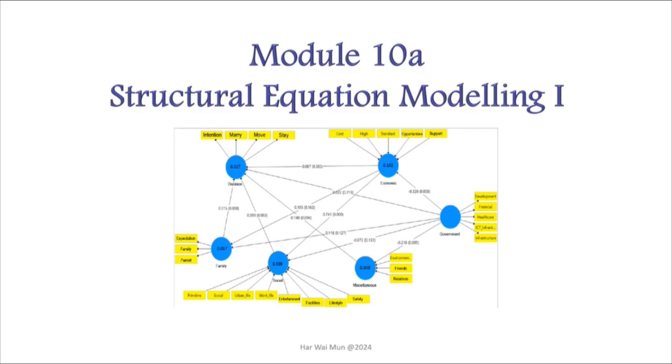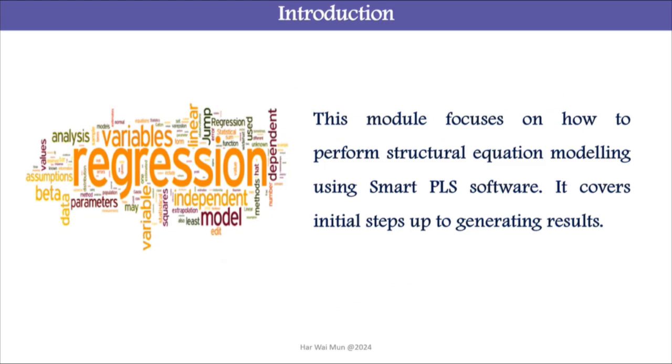Okay. Now, structural equation modeling one, this module will focus on how to perform the equation modeling using SmartPLS software. For this software, you can either buy the licensed one, the whole package, which is very expensive, or use your institution's, either UTA or another institution. I think most of them have bought it. They have a computer lab, right? You save the data, go there and run.